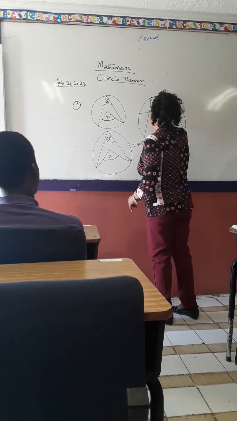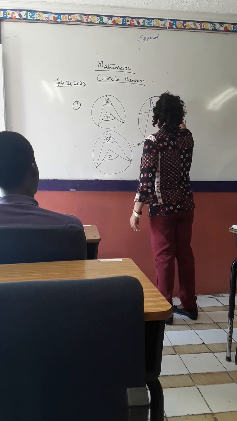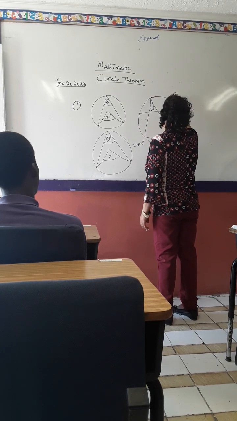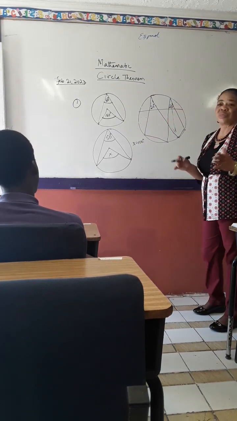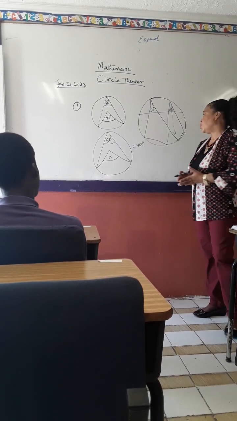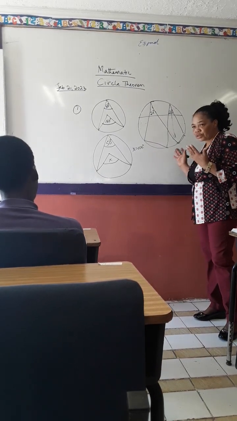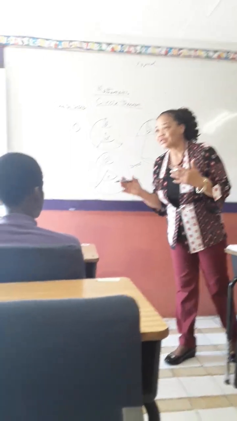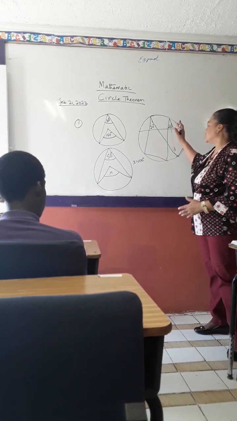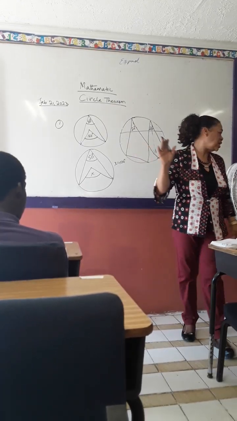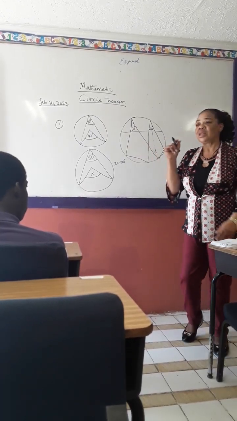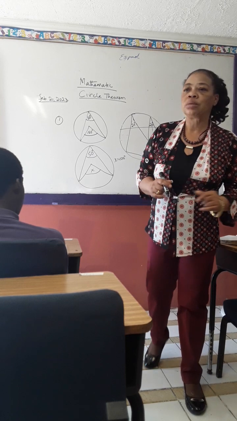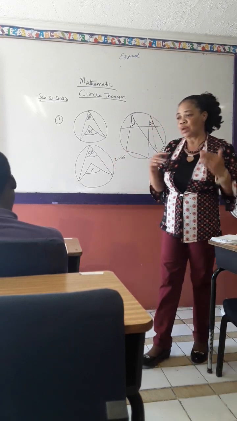So if this one is 20 degrees, then this one is also going to be 20 degrees because they are within the same arc. They will give you the circle and ask what is angle X or what is angle Y, and we're simply using the principle that the angles subtended on the arc are both equal.